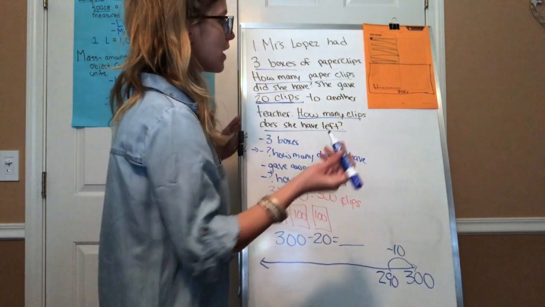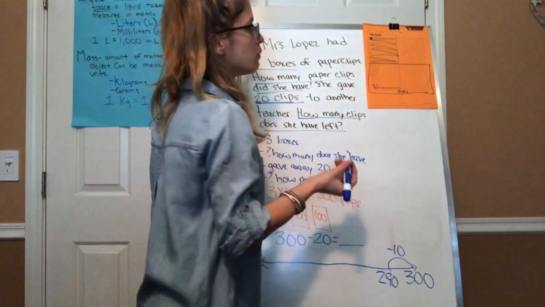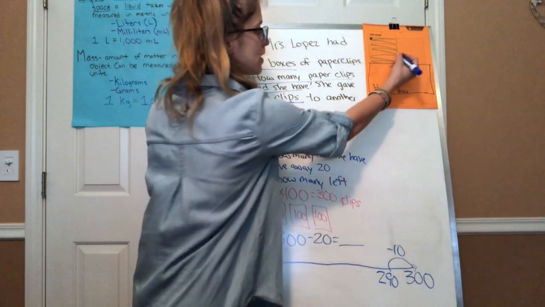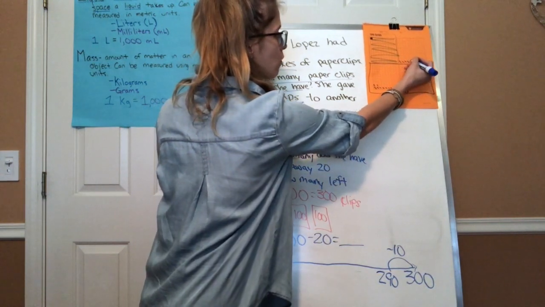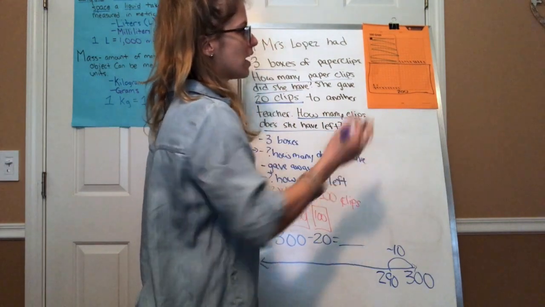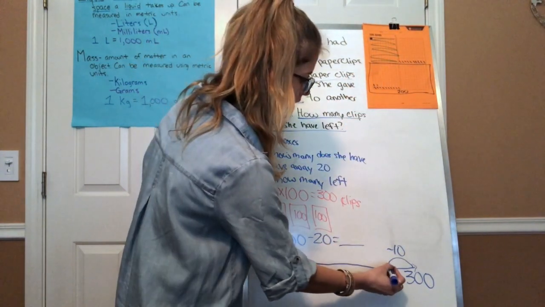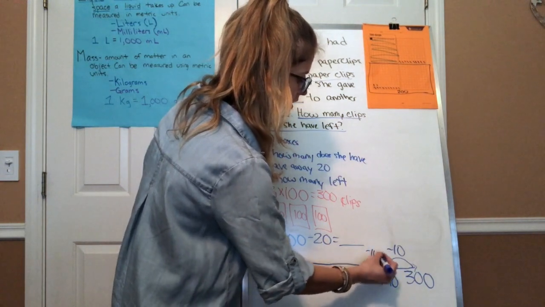Another thing that I could do is use my 100 grid, and I could have just taken away 1, 2, 3, 4, 5, 6, 7, 8, 9, 10, and known that I still have 90 left. And then I need to take away another 10.